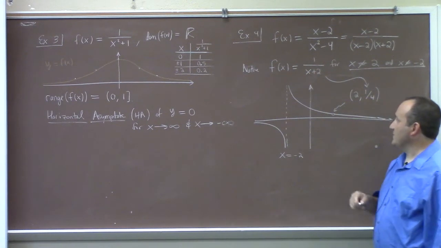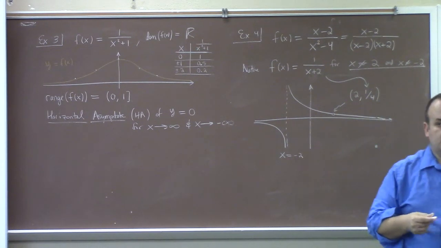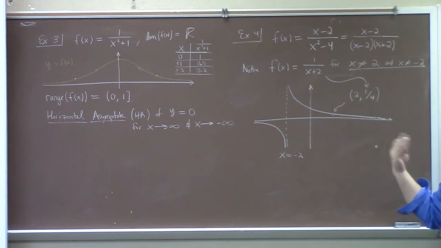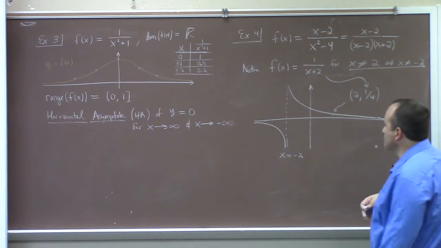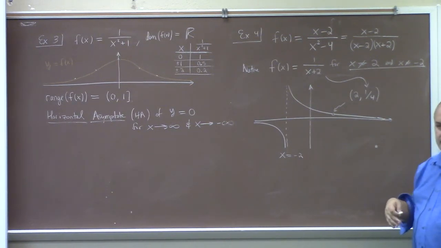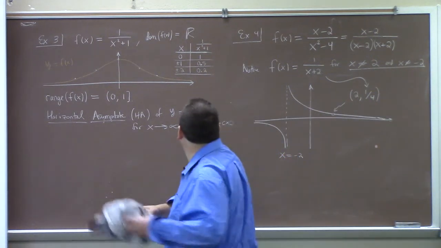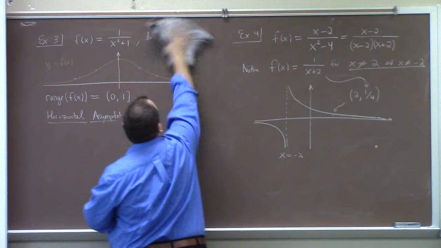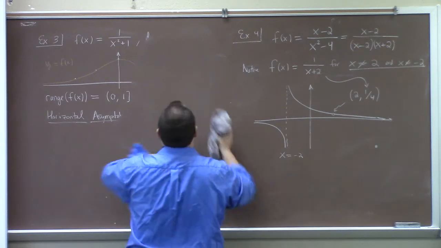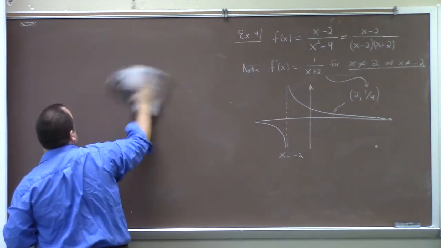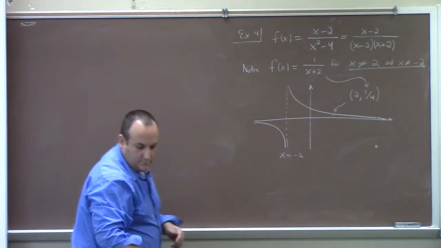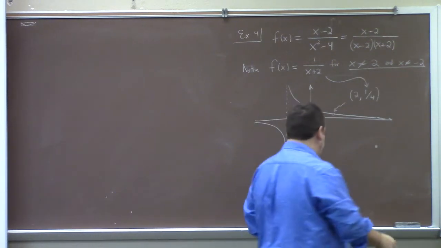What's the y-intercept here? Plug in 0, right? F of 0 is 1/2. The y-intercept is 1/2. But there you go. We good? All right. Let's do another. You guys tell me, what's the horizontal asymptote for that one? What's that? 0, right?